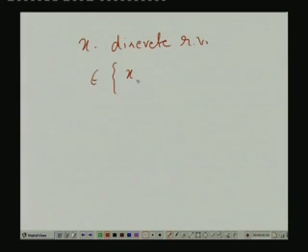We did not do this in the case of single variable or two variables also. So, quickly, suppose x is a discrete random variable, it takes values from this set, say a1, a2, because x1, x2 I have already used.